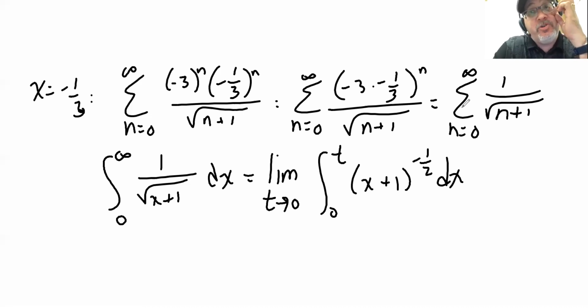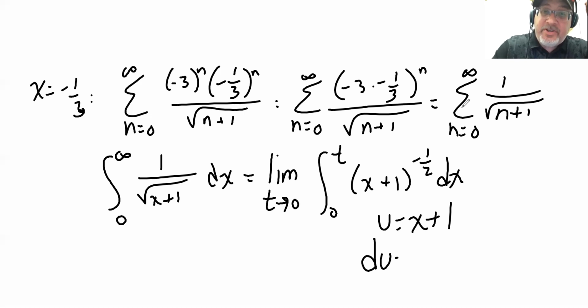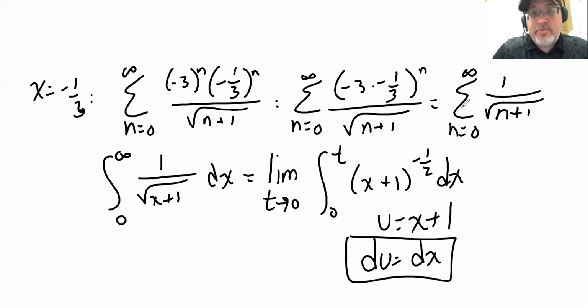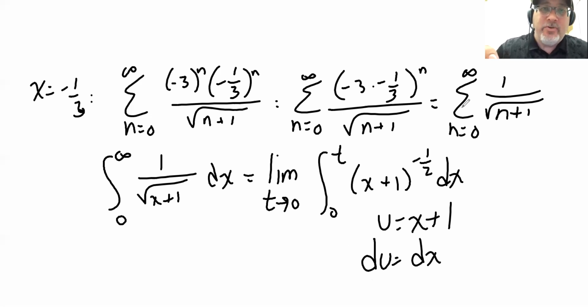Technically, you could do a substitution, but if you said u equals x plus 1, then du is equal to dx. And I've said before, when you do a substitution but get du equals dx, you don't have to bother doing the substitution. Just take the antiderivative the way you normally would. There's no du package to balance out.